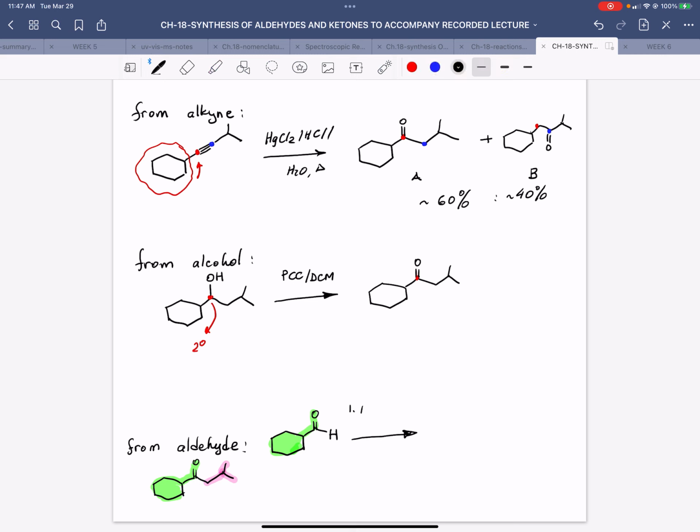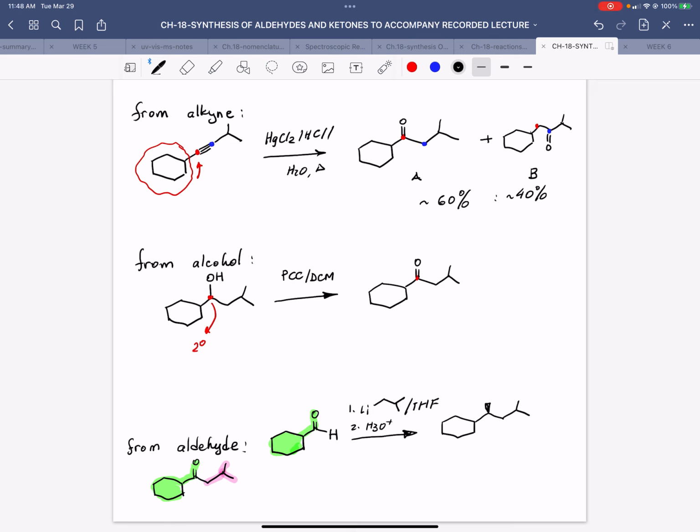So it's going to be either Grignard reagent or organometallic lithium. THF, second step H3O plus. Okay, we will get a secondary alcohol.